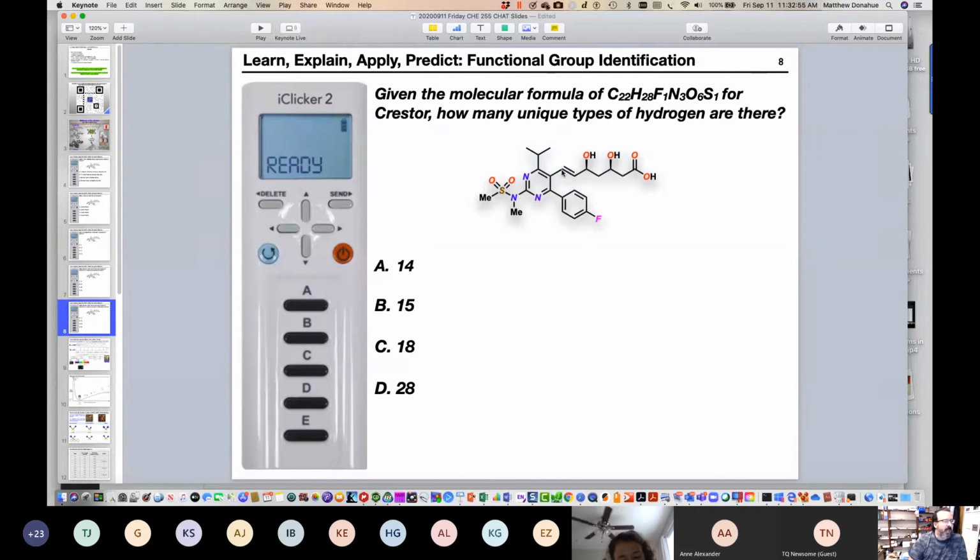Then look at this pi bond, this alkene. You see this hydrogen here and this hydrogen here. Are those hydrogens the same type of hydrogen? We have 3 yeses. Does anyone disagree? We have 4 yeses.